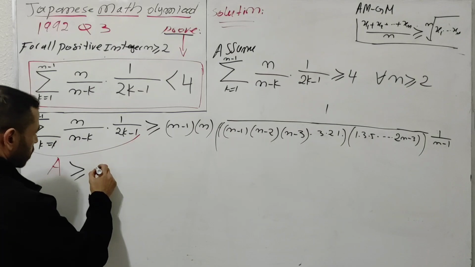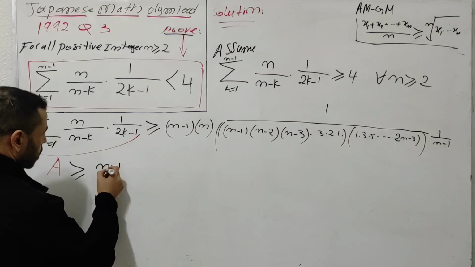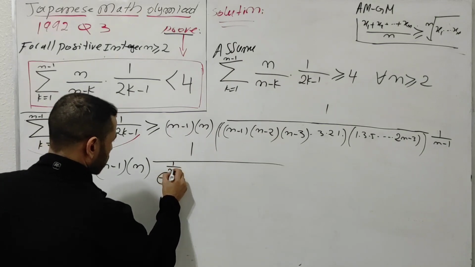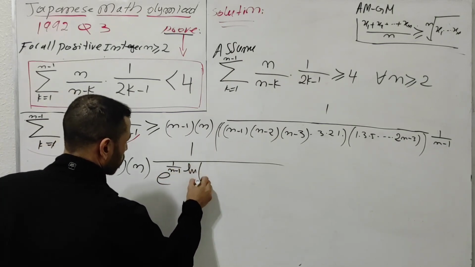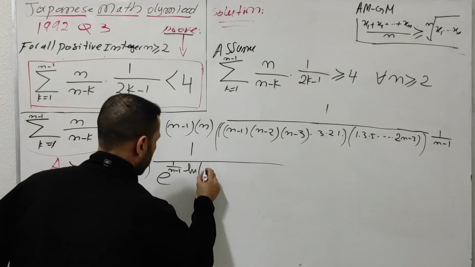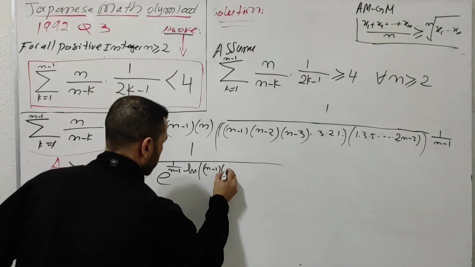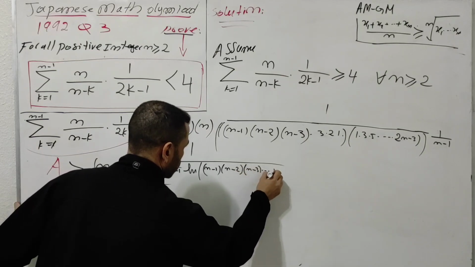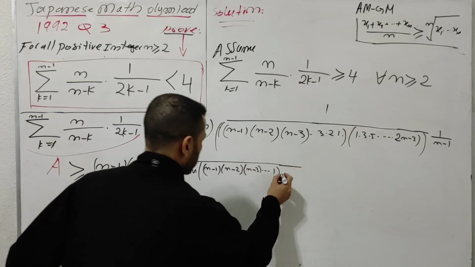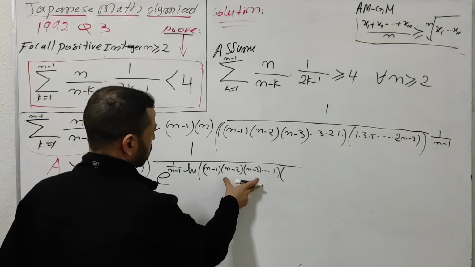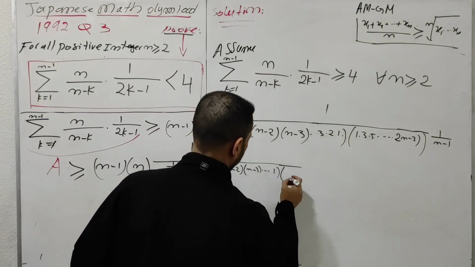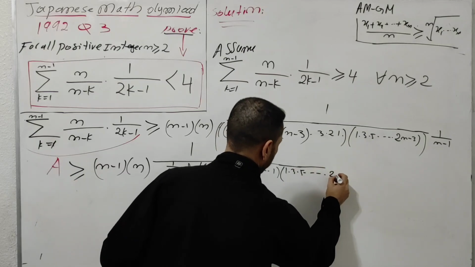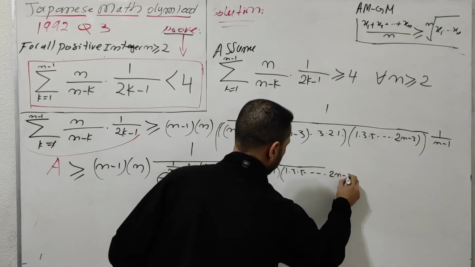I will get n minus 1 multiplied by n, e to the 1 over n minus 1 natural log of this product of n minus 1 multiplied by n minus 2 multiplied by n minus 3 and all the way down to 1. At the same time, this product is multiplied by the second product, which is 1 over 3 multiplied by 5 and all the way down to n minus 3.